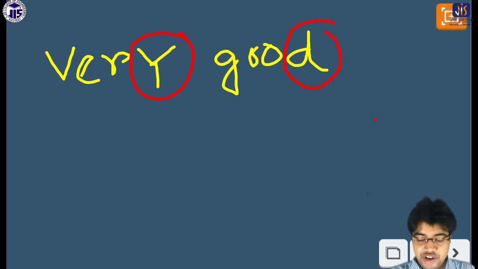If I draw any structure in the Fischer projection, then which is the y-axis? This is the y-axis. So if D, or 4, whatever, is on the y-axis, if you give the priority order 1, 2, 3, 4, then it will be 4.